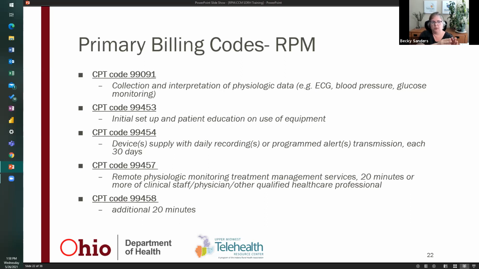I think that's when CMS released these codes and introduced these programs. I think that was what they thought would happen. Now, the reality is probably that a lot of nurses got told, hey, in addition to everything else you're doing here, do this. But I don't think that's the optimal situation.